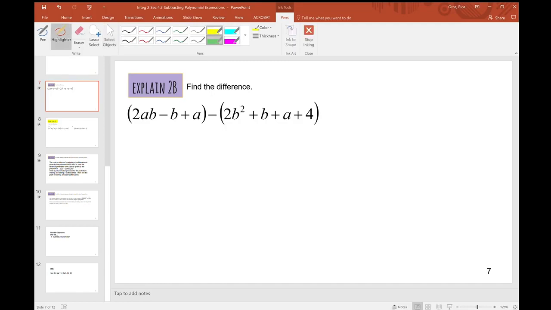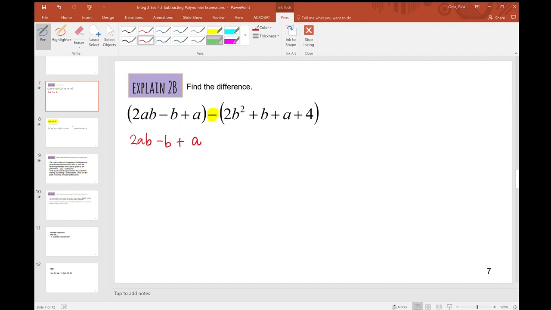And if we look between the two parentheses, we'll see that we are actually subtracting. Okay, so let's go ahead and subtract. If we look at the left side of our first polynomial, we see that there's nothing on the left side of our parentheses. So at this point, I'm just going to drop the parentheses and rewrite this as 2ab minus b plus a.